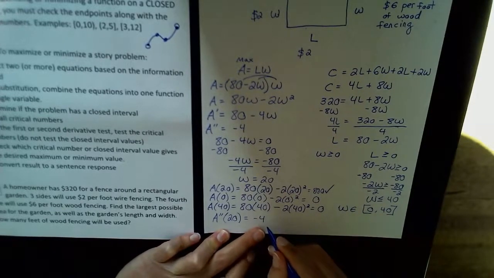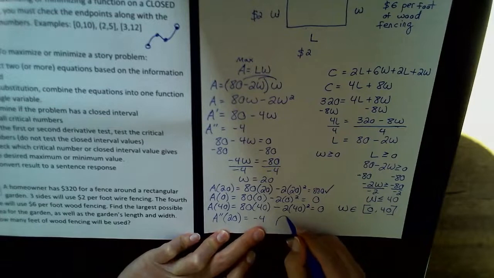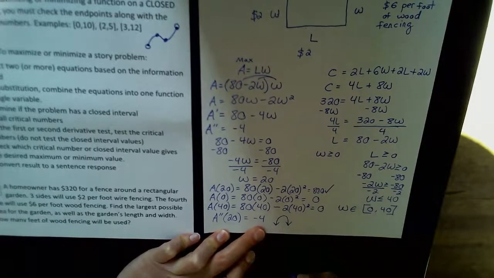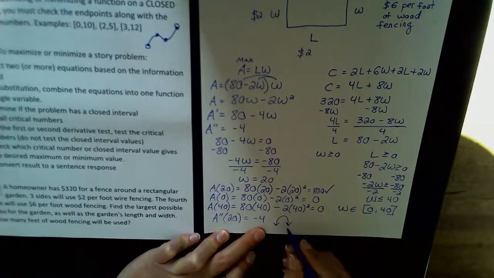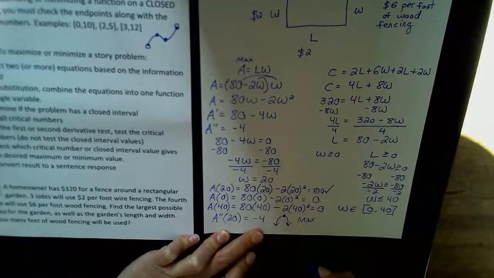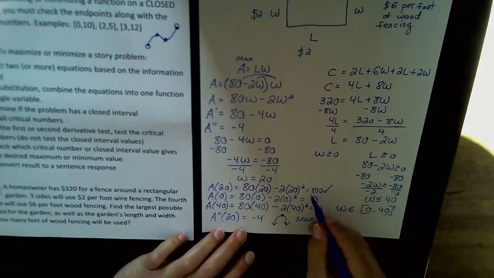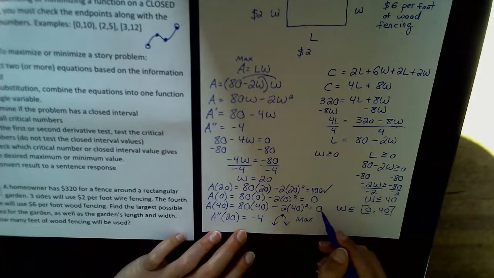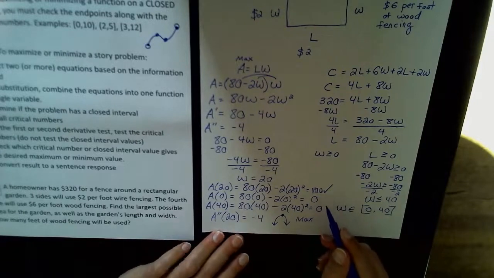Negative 4 means we have a concave down value. And because it's concave downward, that gives us a local maximum. So we have found the local maximum and then checked it against the endpoints, proving it was the absolute maximum.